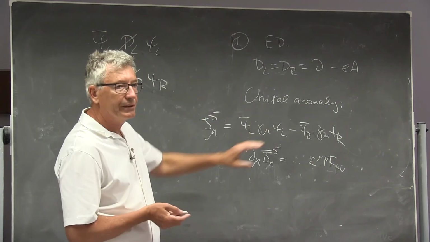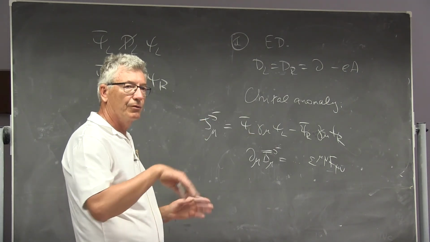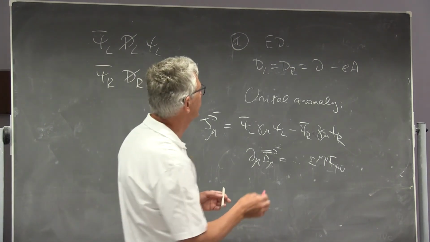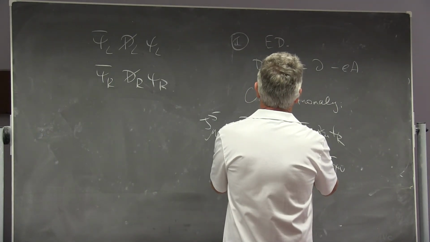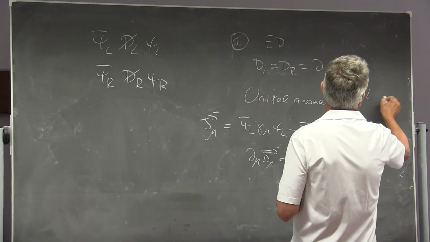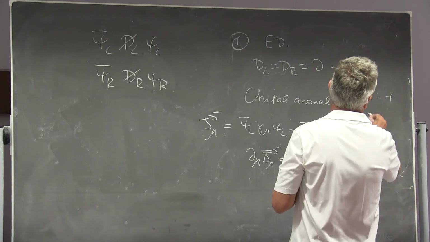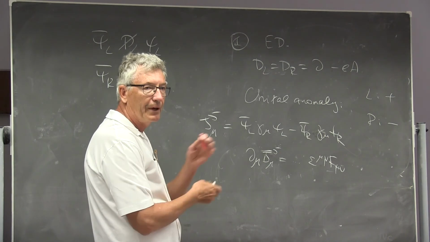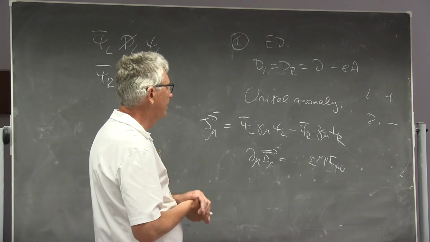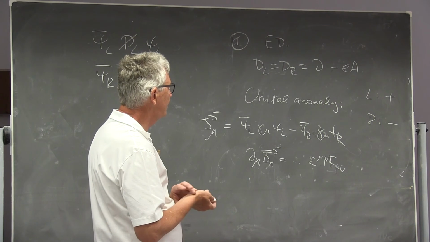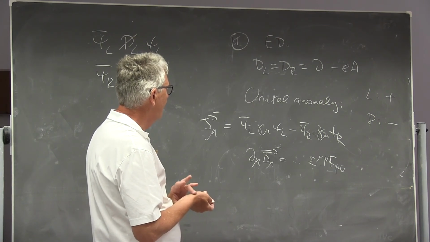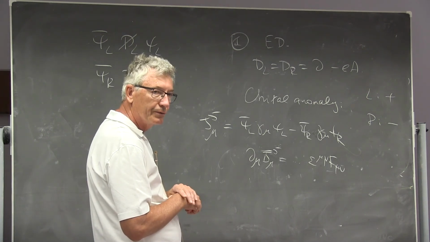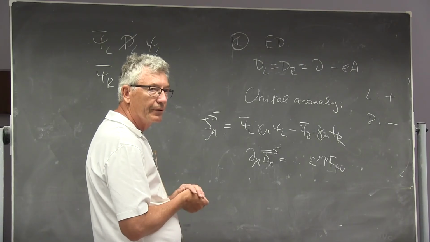I wanted to discuss here the non-conservation of fermion number, and therefore I changed the charge assignment. I used the sign plus for left, and for right the sign minus. This changes the situation so that the fermion number is not conserved, but still the theory doesn't have a gauge anomaly.